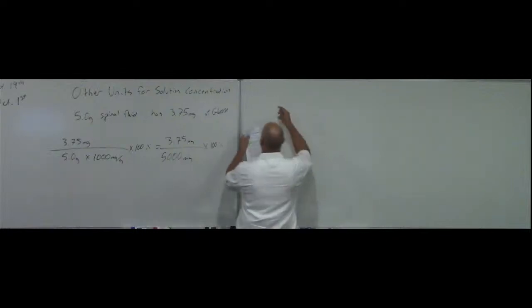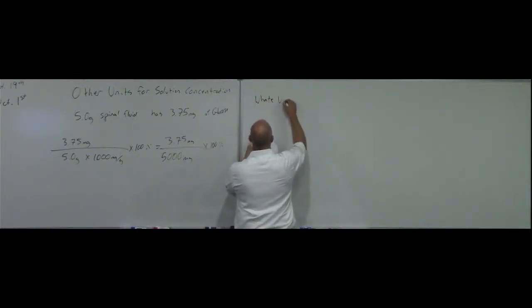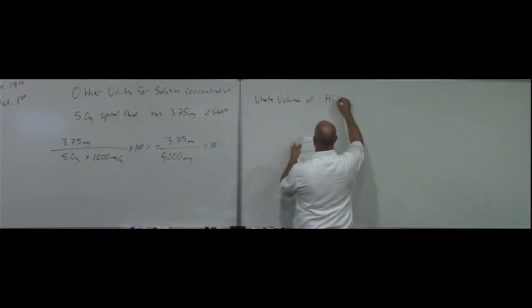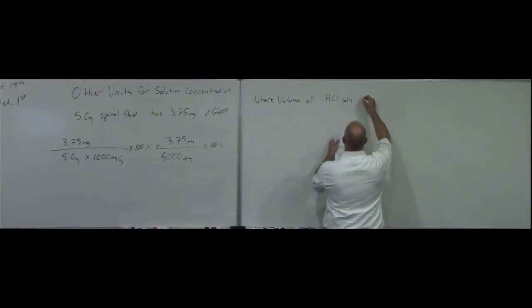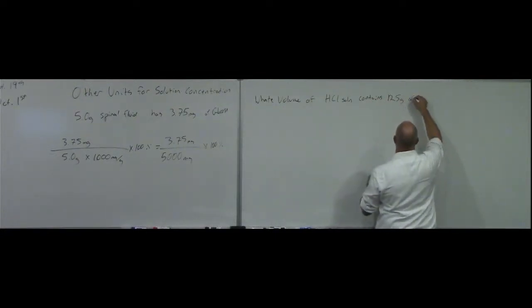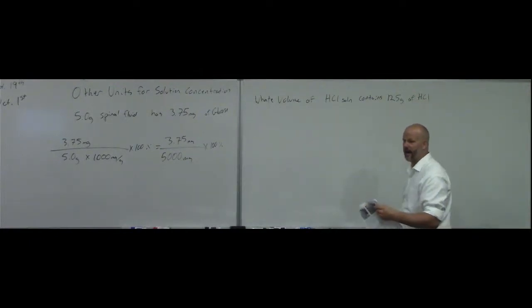It's using the same kind of thing. It says, what volume of the same HCl solution contains 125 grams of HCl? So we need to write some of our numbers that we just had there before, right?